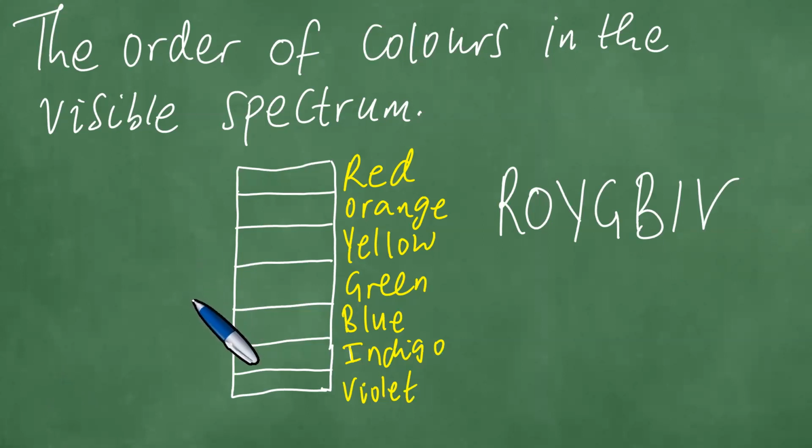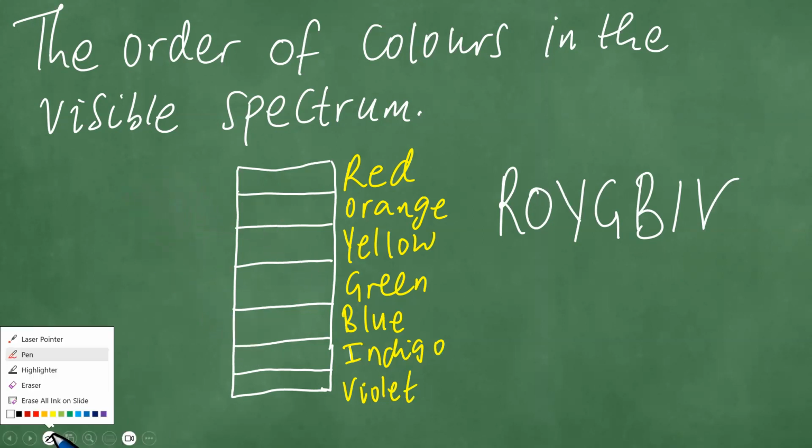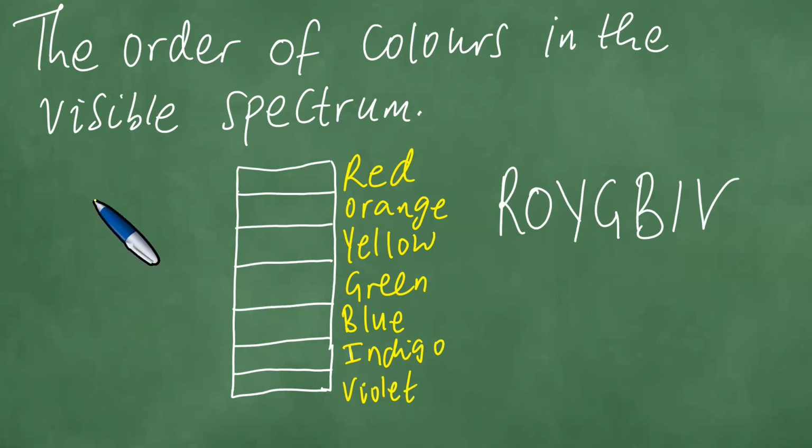Now, I want us to mention the fact that here you have the wavelength, for example, at the red part of the spectrum, 8 times 10 to the minus 7 meters.